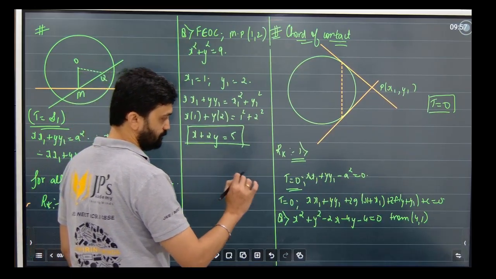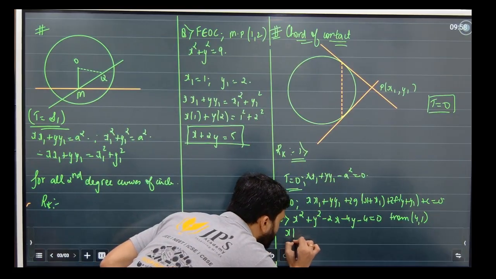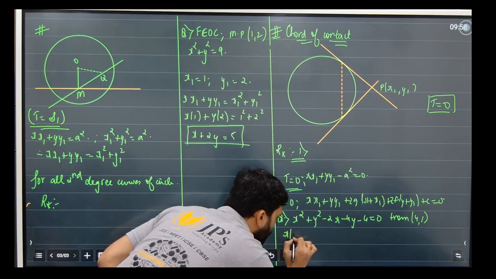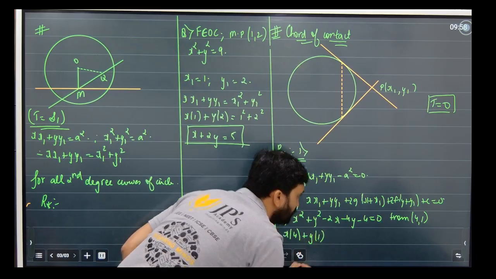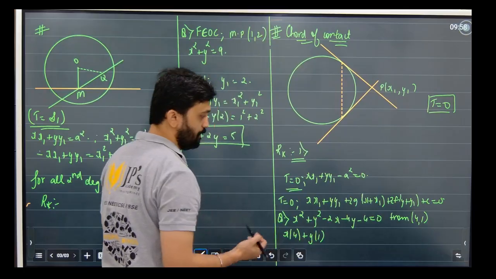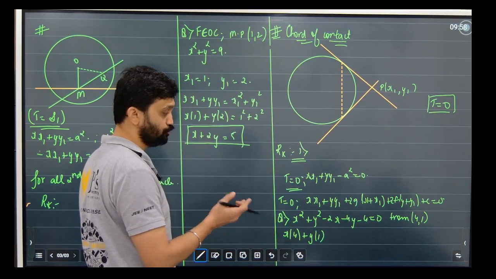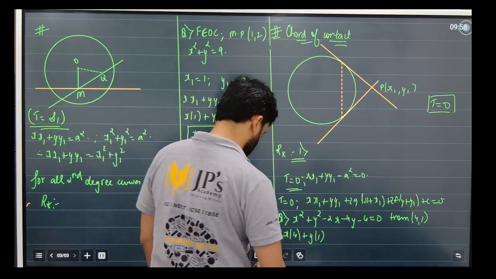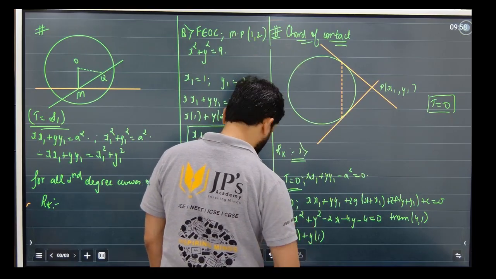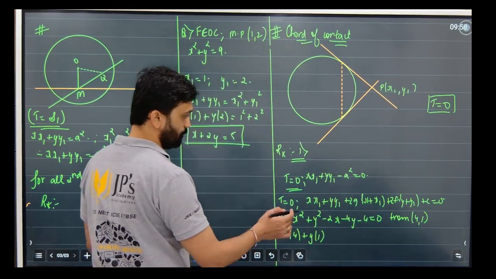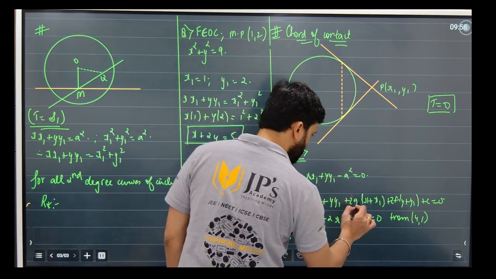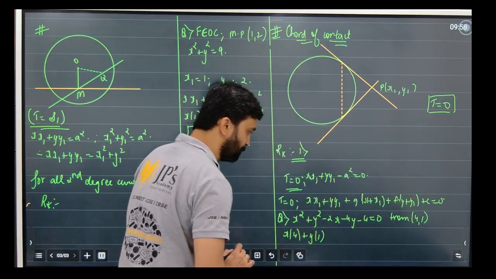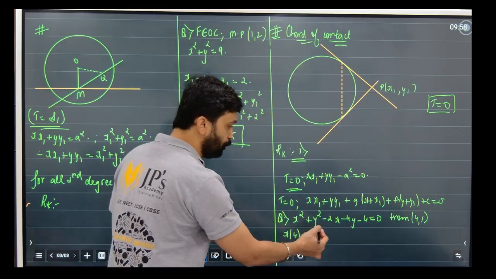Basically, if I substitute, this will become x x1 plus y y1. Now if I compare minus 2g with plus 2g, I get the value of g as minus 1. In the general form g and f come in; I wrote 2 by mistake.